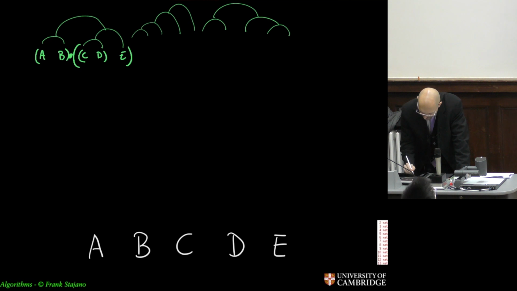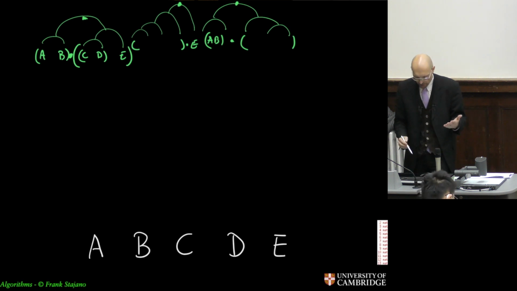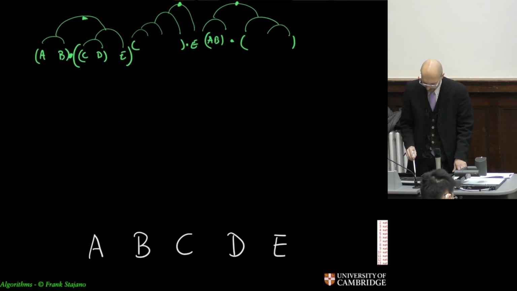In this case, it's this one. The top-level multiplication here was this bracket times E. Top-level multiplication here was AB times this other bracket. So the top-level multiplication can occur here, or here, or here, or here.